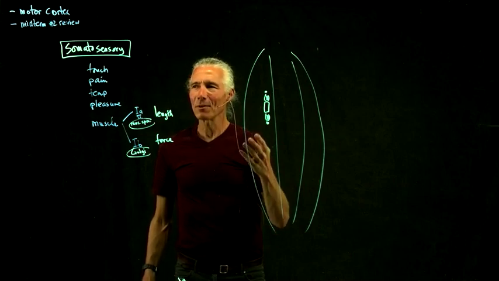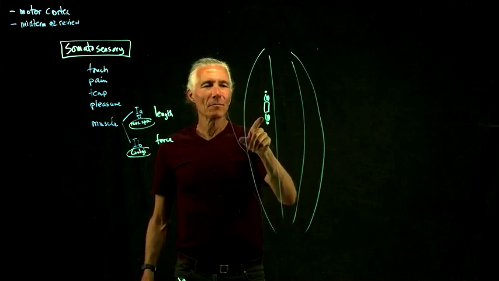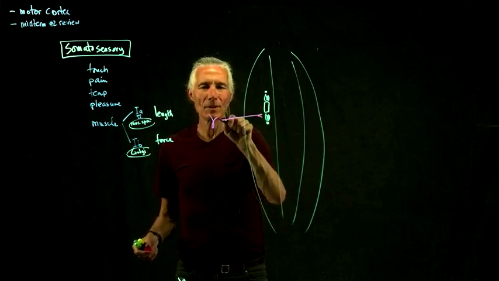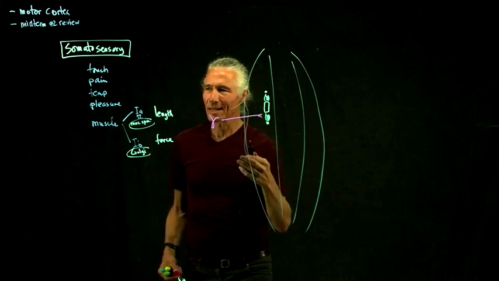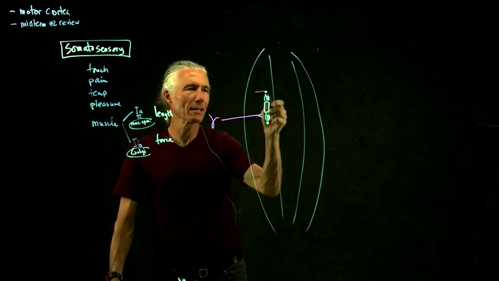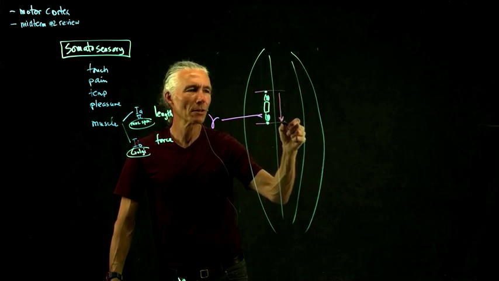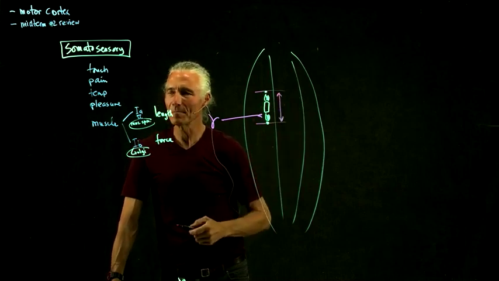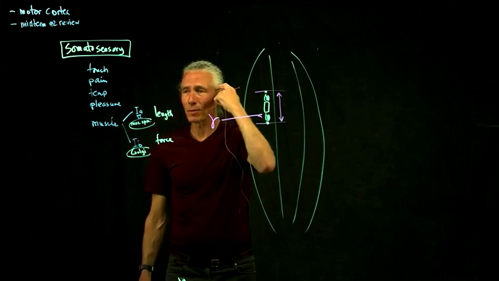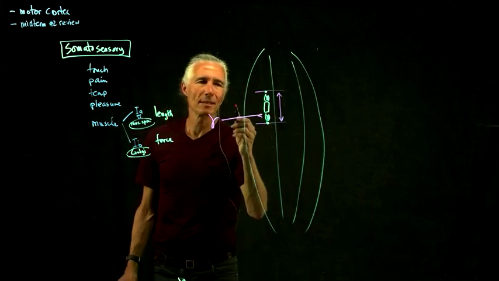But really, when you contract these guys, these are the gamma ones, that's the prediction of how short the main muscle is supposed to get. So gamma is the one that predicts how short the main muscle is supposed to get.